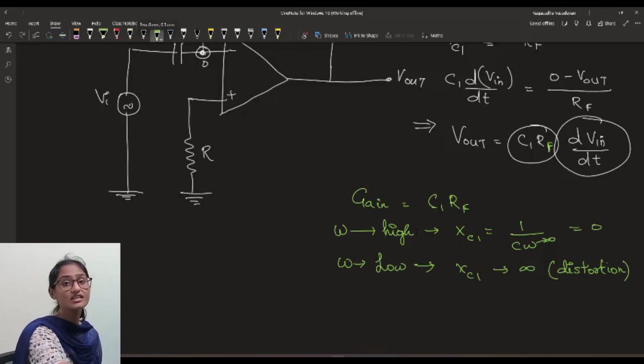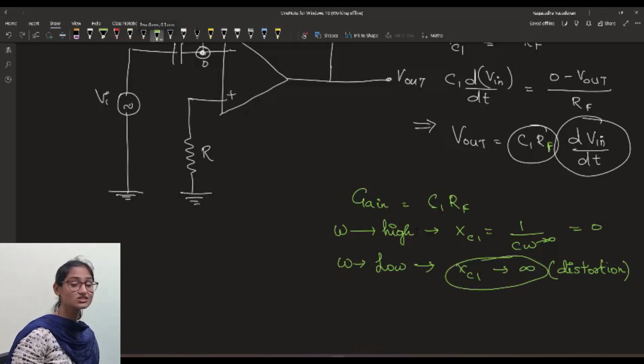In this range, there will be distortion in the differentiator's output, because at lower frequencies the capacitive reactance approaches infinity, and the noise signal will be so high that the actual signal is overridden. So normally we don't use an op-amp as a differentiator circuit. This is the reason.